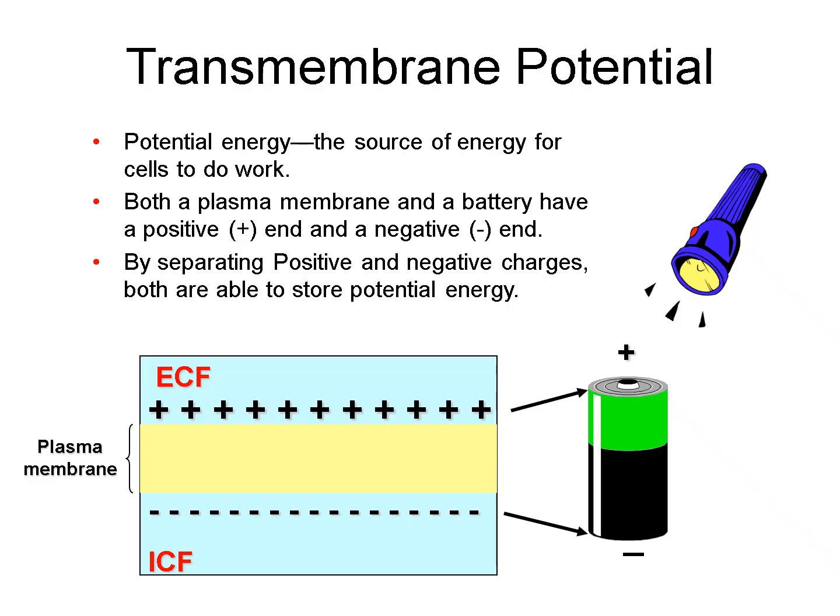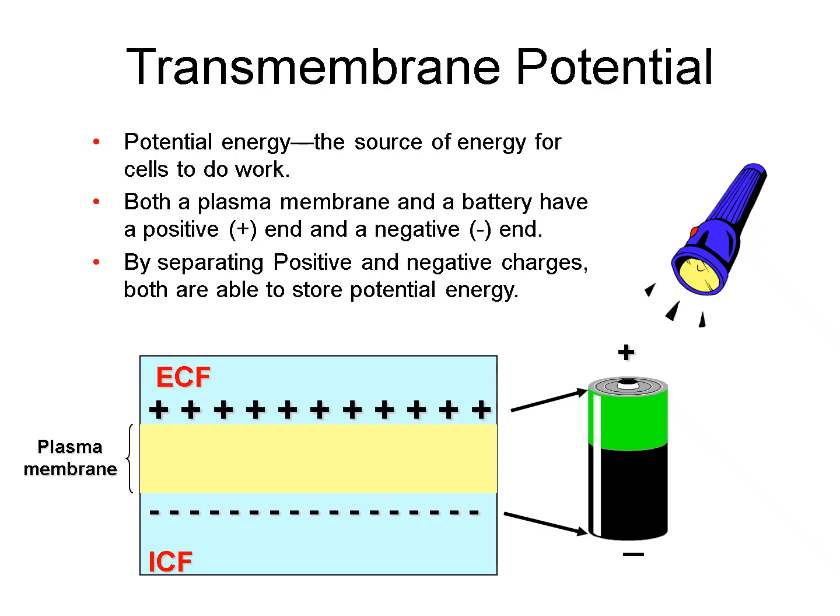Both the plasma membrane and a battery have a positive end and a negative end. They are both polarized. By keeping the positive and negative charges apart, both the cell and battery are able to store potential energy. When the cell is stimulated or the switch is thrown on, the charge flip-flops.